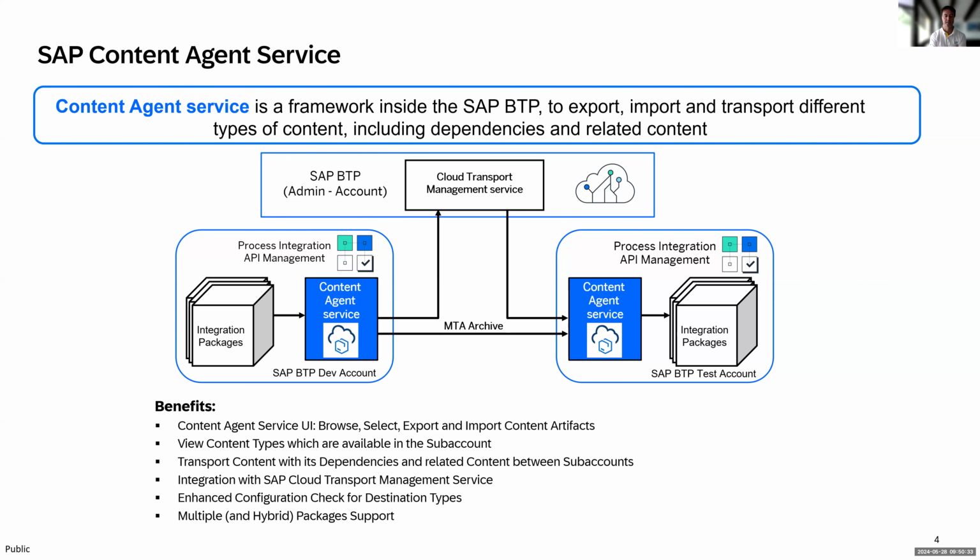Of course, it also uses the Cloud Transport Management Service. You have enhanced configuration checks for different destination types, and you can gather certain packages so that if you have dependencies on these packages, you can transport them all at once and make sure that they are consistent on the target system.